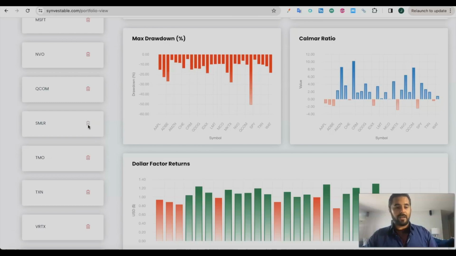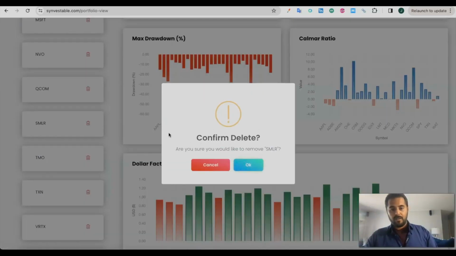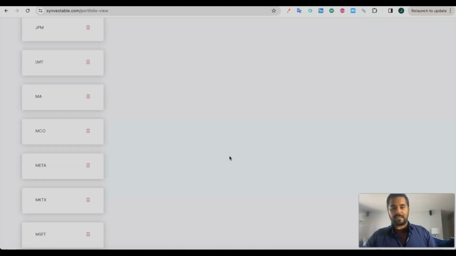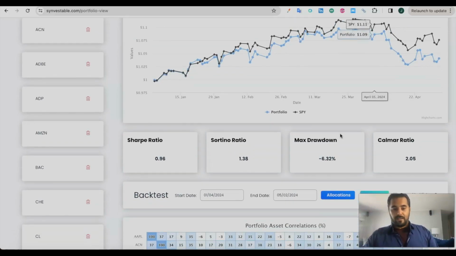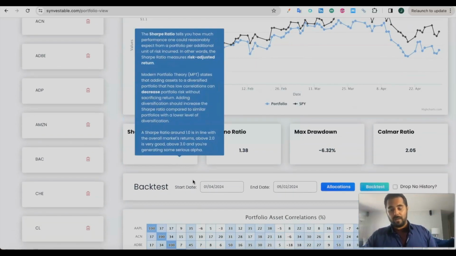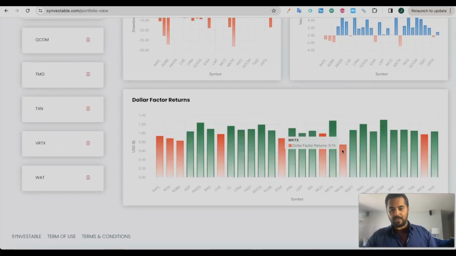So what I'm going to do is erase SMLR. And then this backtest will automatically rerun for me. Now let's see. My Sharpe ratio improved a little bit, but my performance really hasn't yet. So now I can begin to go across these positions and start to eliminate them in terms of their performance.